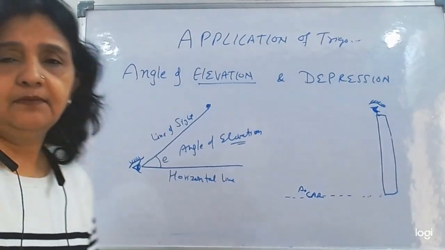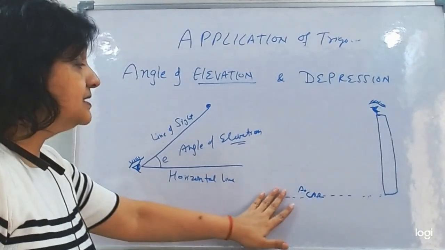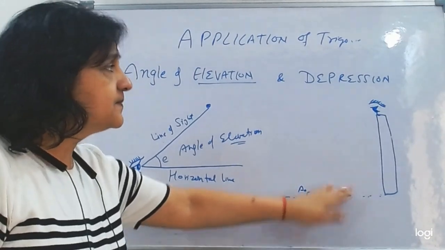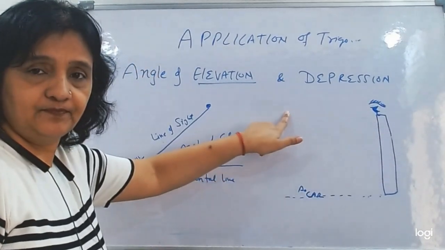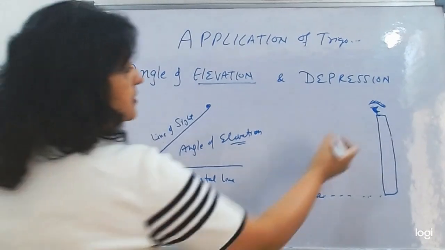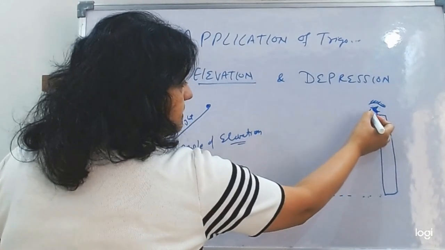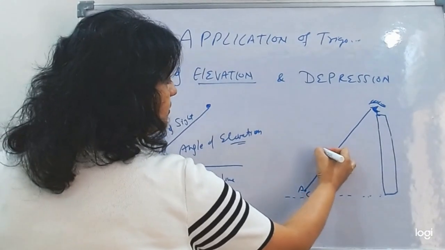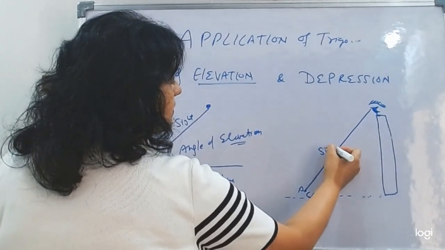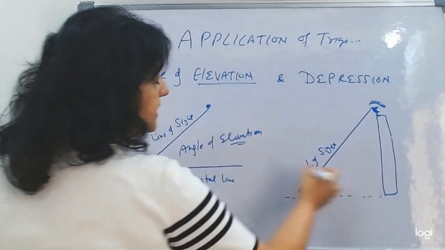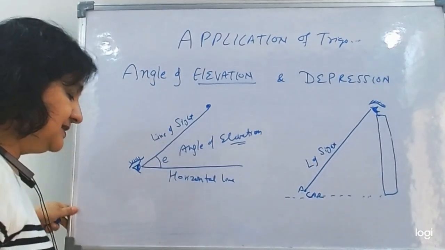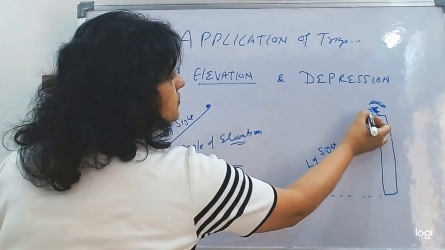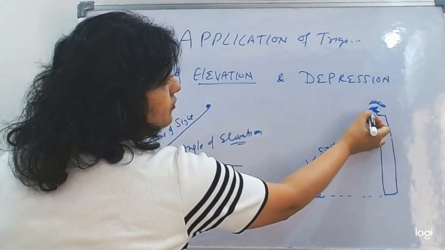So this time the object is at a lower level from the level of the eye. Okay, so the person is going to see like this. So this is again the line of sight. And in this case, the horizontal line is going to be definitely from the eye level.